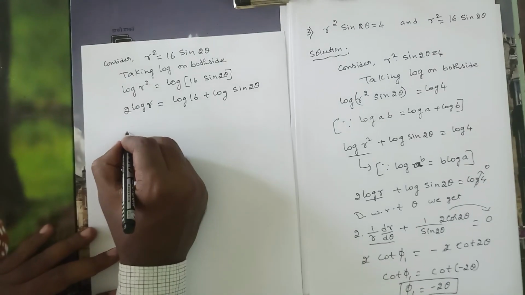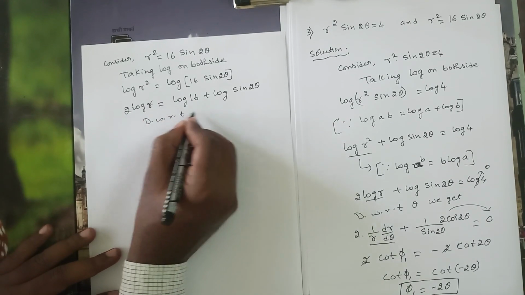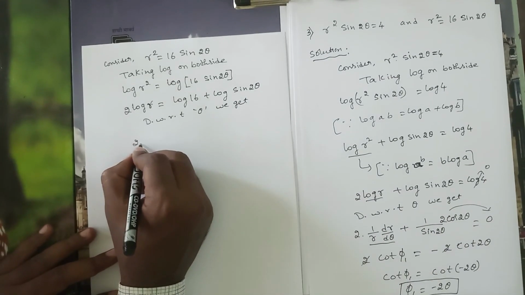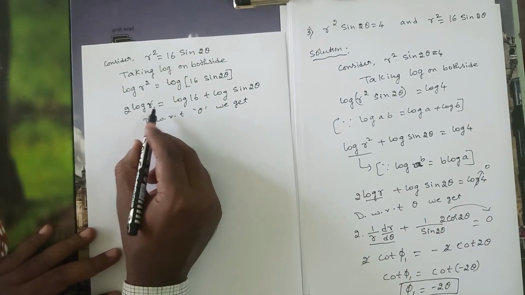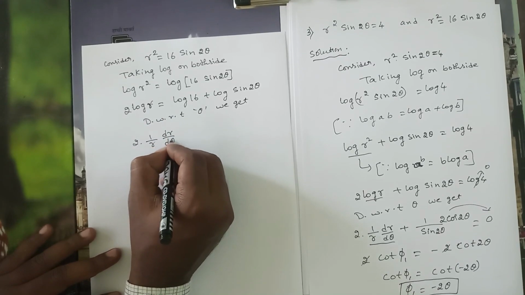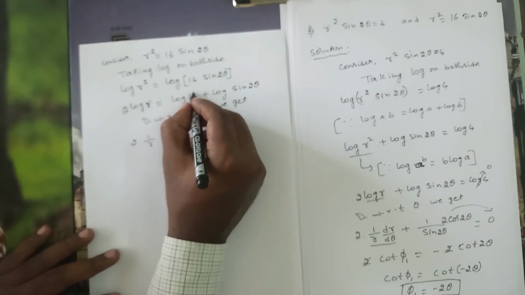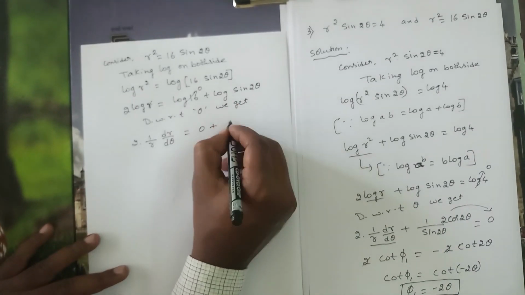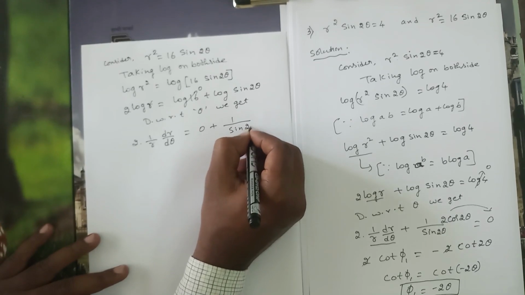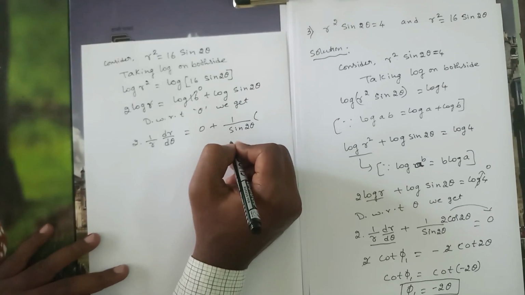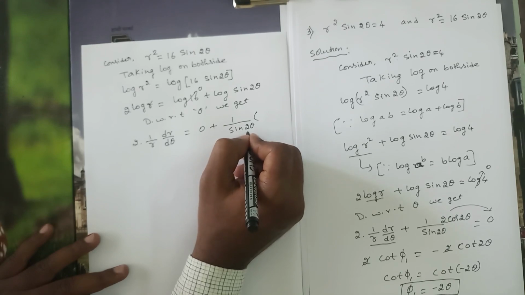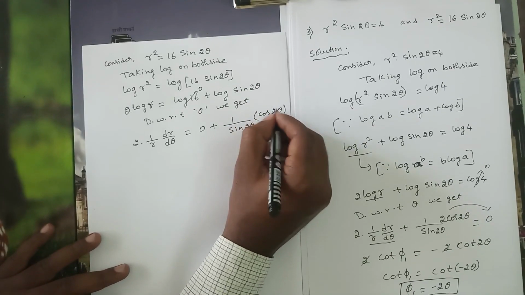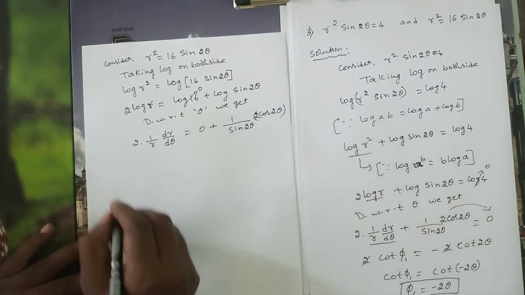If we differentiate with respect to theta, we get 2 into 1 by r into dr by d theta equals, the log 16 term becomes 0, plus 1 over sine 2 theta into the derivative of sine 2 theta, which is cos 2 theta into 2.